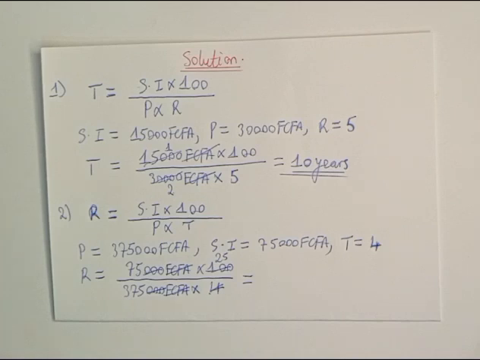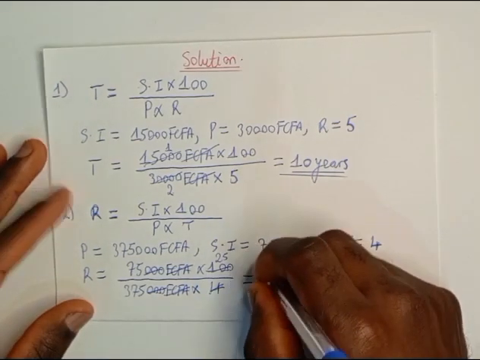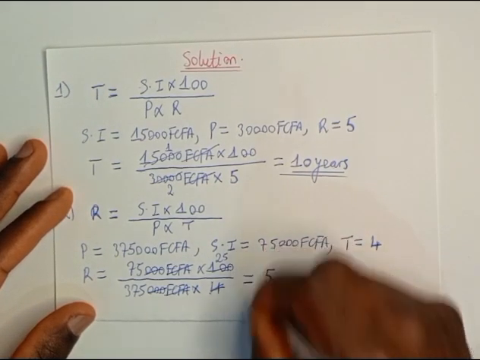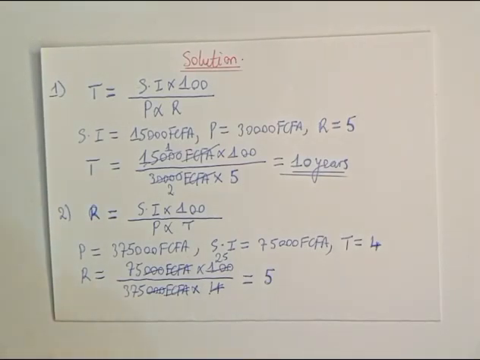We'll be left with 75 times 25 at the numerator, which is 1875. We have to divide 1875 by 375 at the denominator. It gives us 5. Our R is equal to 5.